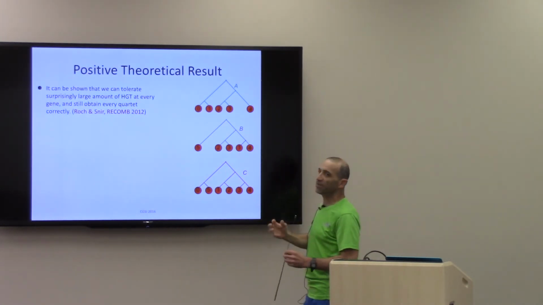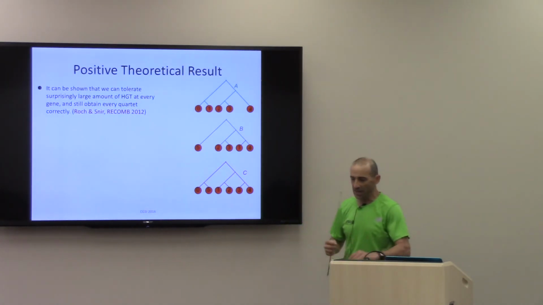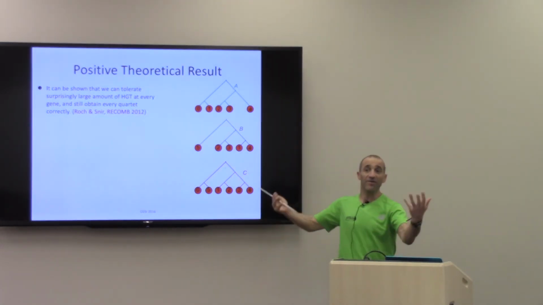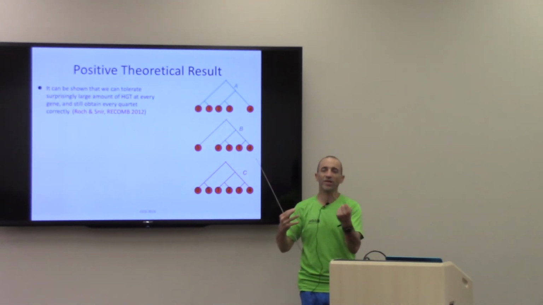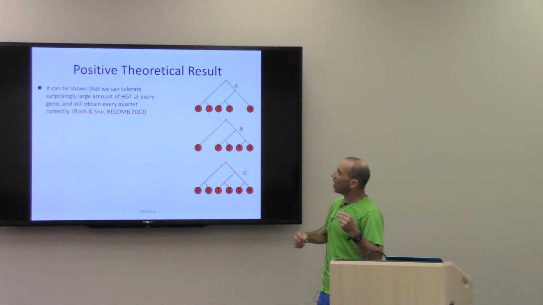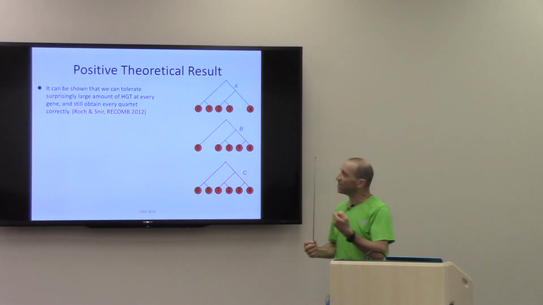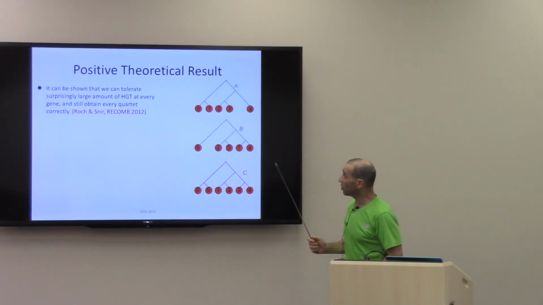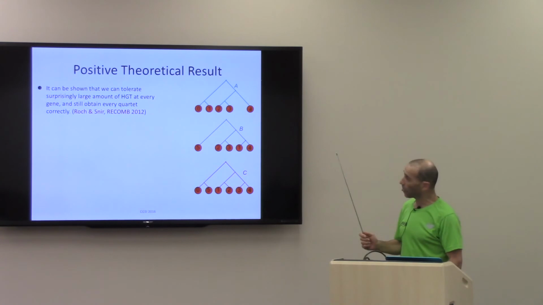Every gene can be very jumbled or infected with HGT, and still, if we look at the aggregate, we can distill the tree signal and obtain every quartet correctly.